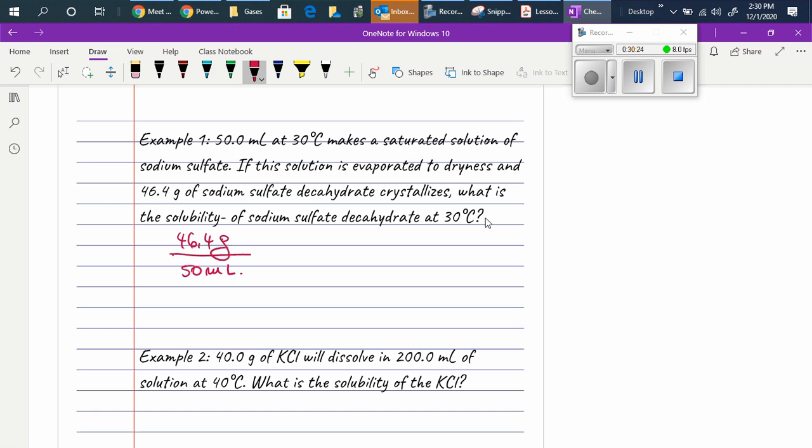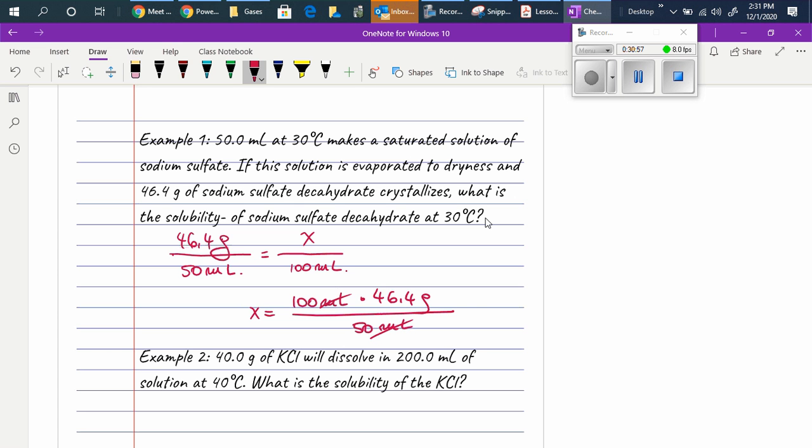Now, always when we are measuring solubility, we express it as the grams that are soluble in 100 milliliters of water. So this is X, and then you cross multiply the two that you know, so X will be 100 milliliters times 46.4 grams over 50 milliliters.